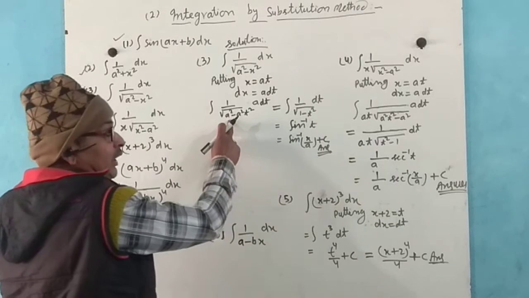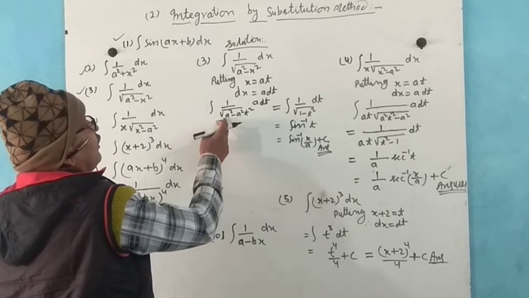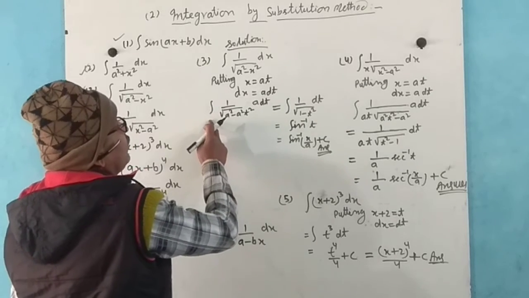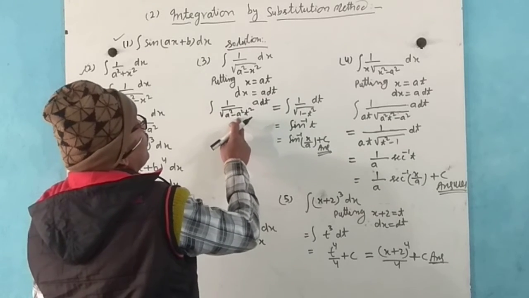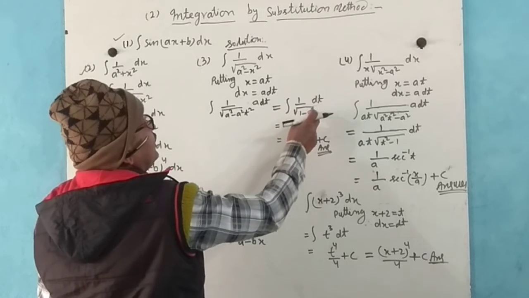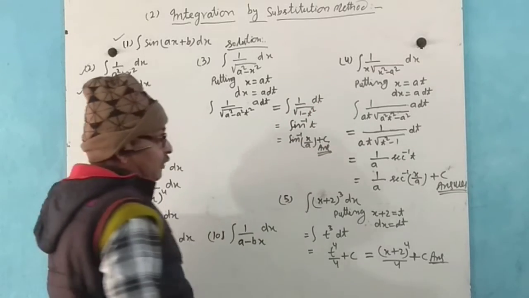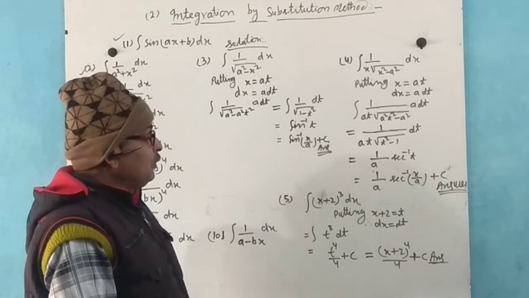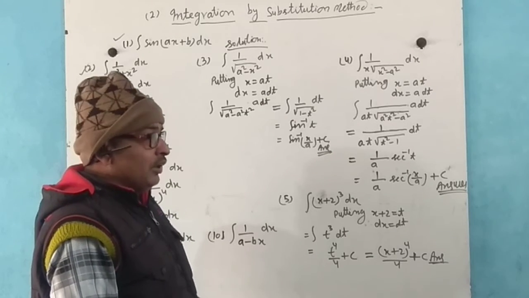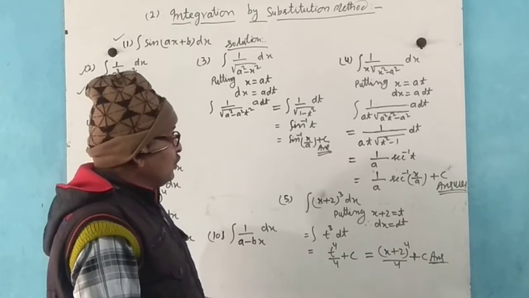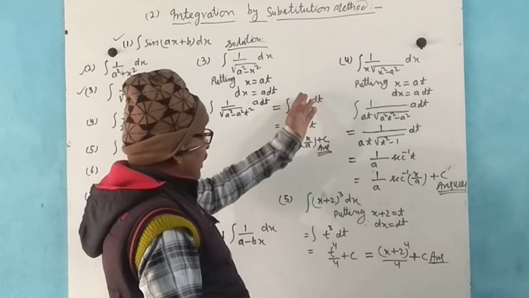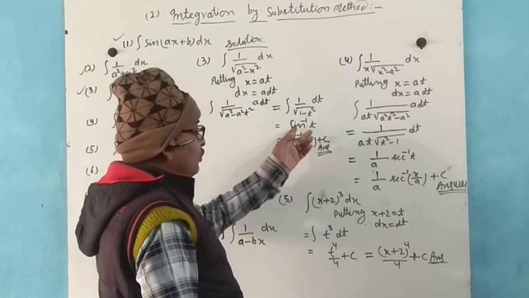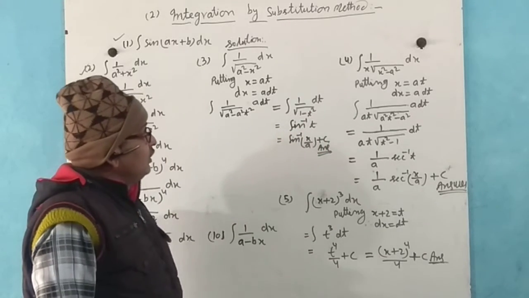Now we take the common a square out from under the root, only a cancels, so that the integration of 1 by root 1 minus t square dt, as we know that the differentiation of sin inverse x is equal to 1 by under root 1 minus x square, so the integration of this 1 by under root 1 minus t square is equal to sin inverse t.